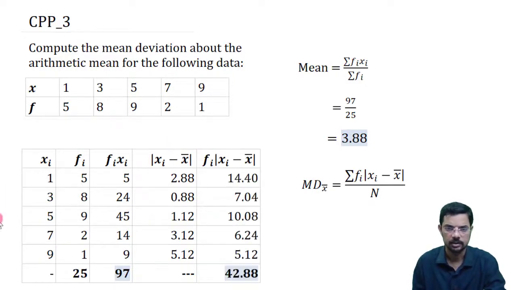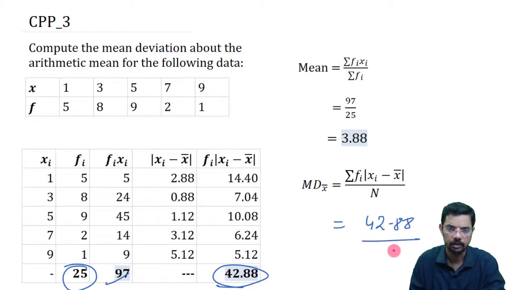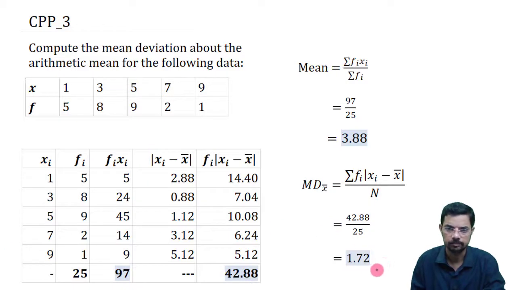Then we get this, and the sum is equal to 42.88. The sum of all frequencies is known to us as n. We just put in these values: 42.88 divided by 25. When you calculate, you get 1.72. This is your correct value.